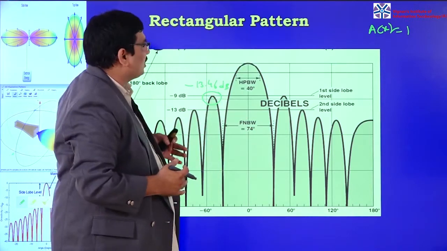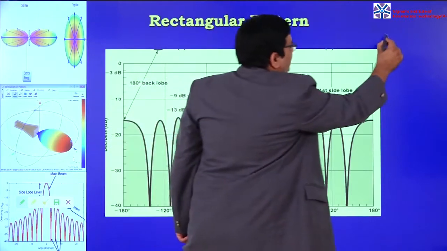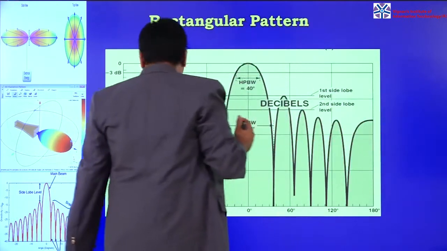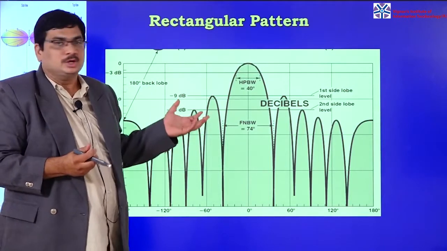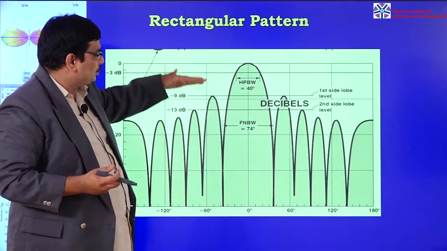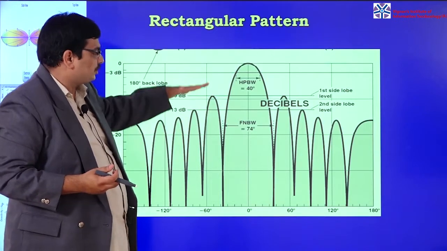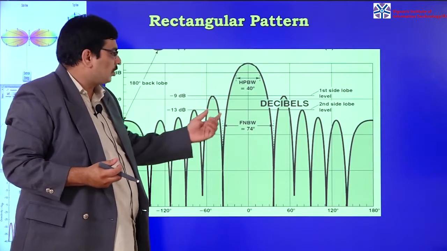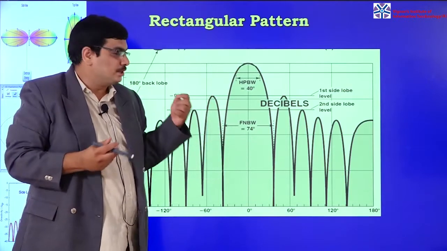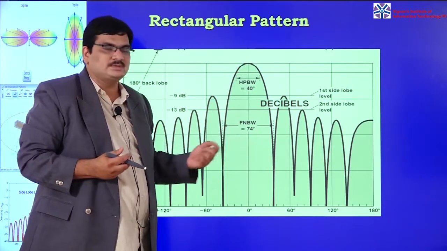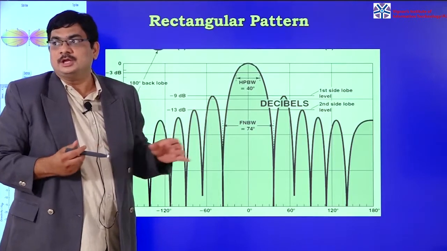To reduce that, we have to use different amplitude distributions like circular amplitude distribution or pedestal distributions. By using that we can reduce the side lobe levels. If you reduce the side lobe levels, the concentration of your main beam is in the desired direction and it will improve the radiation as well as your gain.